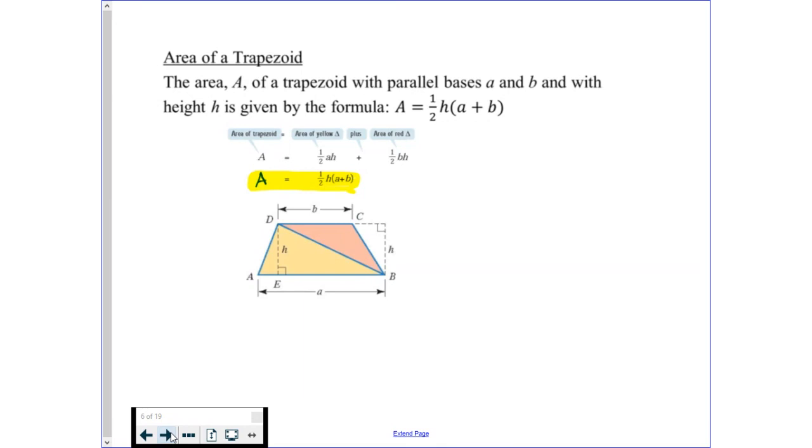But okay, the area of the orange one is half B times H. When you add the two, you'll get half of H times A plus B. Half is common, H is common, you take out half and H, then you add A and B. That's the formula. If you know A, B, and H, you can easily figure out the area of a trapezoid.